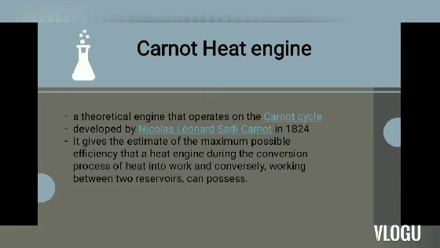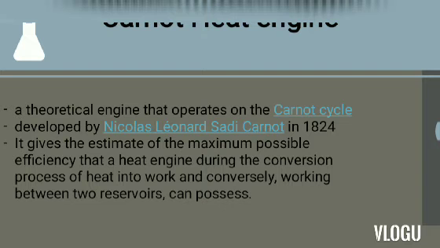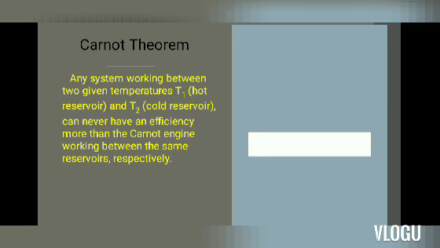Developed by Nicolas Léonard Sadi Carnot in 1824, it gives the estimate of the maximum possible efficiency that a heat engine can achieve during the conversion of heat into work, working between two reservoirs. Carnot's theorem defines that any system working between two given temperatures, T1 the hot reservoir and T2 the cold reservoir, can never have an efficiency more than the Carnot engine working between the same reservoirs.